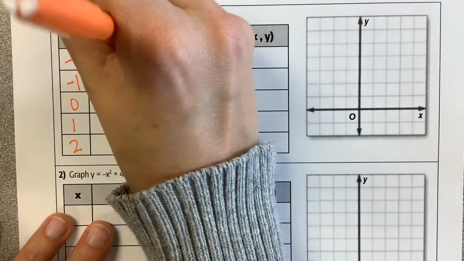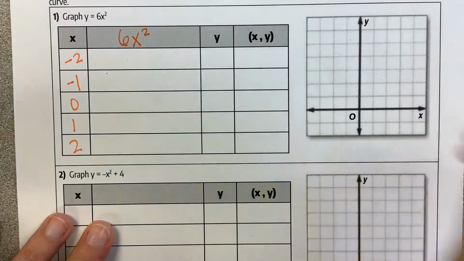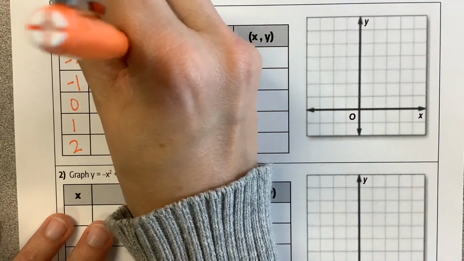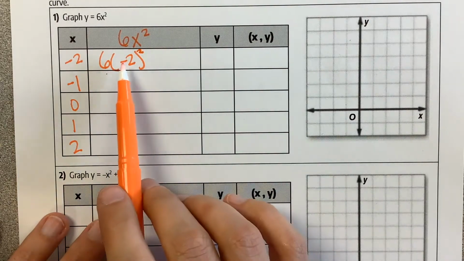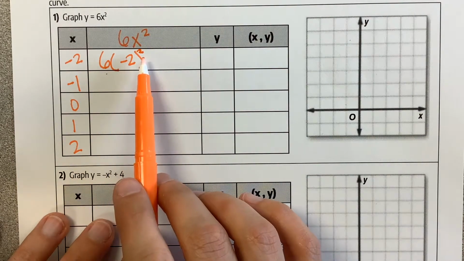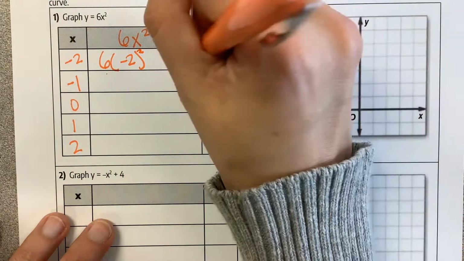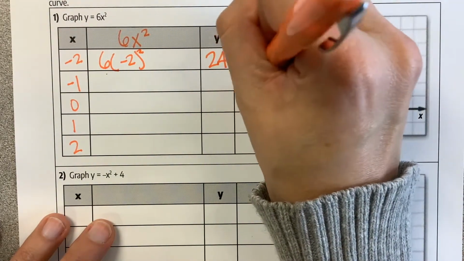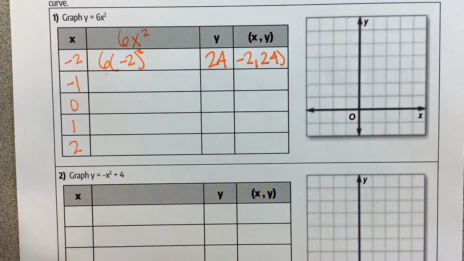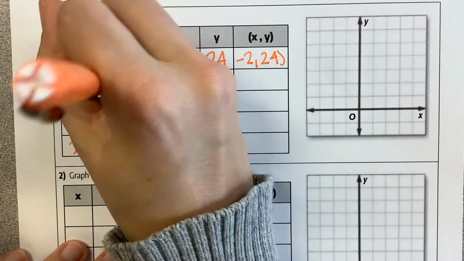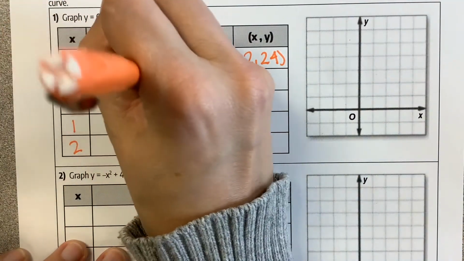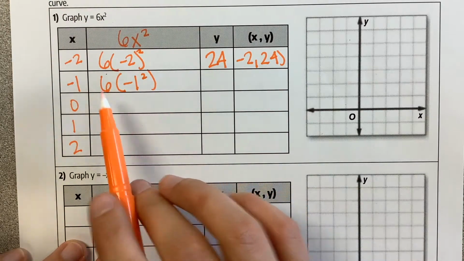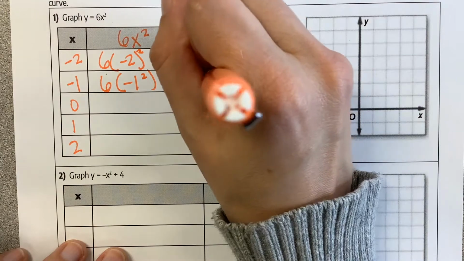So right now we're plugging into 6x squared. So 6 times -2 squared. -2 squared is +4. 4 times 6 is 24. So -2, 24. Over here, plugging in -1: 6 times -1 squared. -1 squared is 1, times 6 is 6.